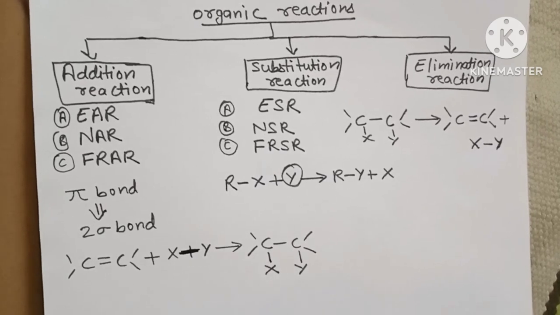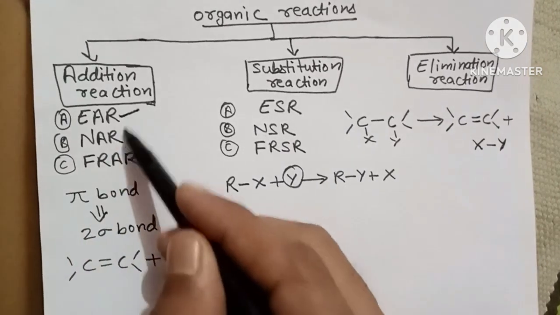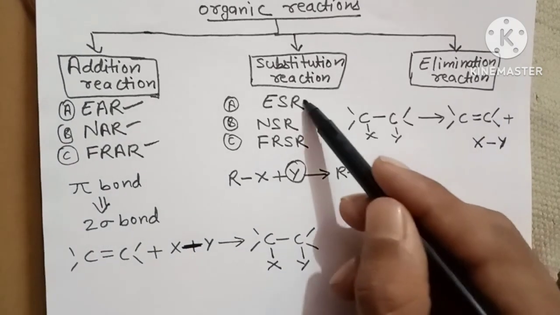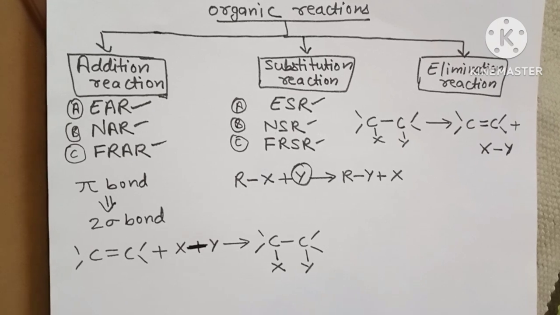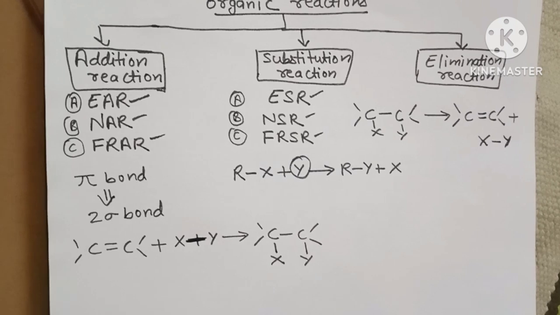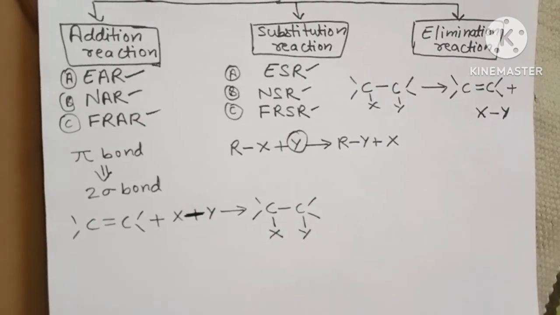Now we have understood that addition reactions are of three types: EAR, NAR, FRAR, and substitution is also of three types: ESR, NSR, FRSR, and next one is the elimination reaction. So we have come across these.